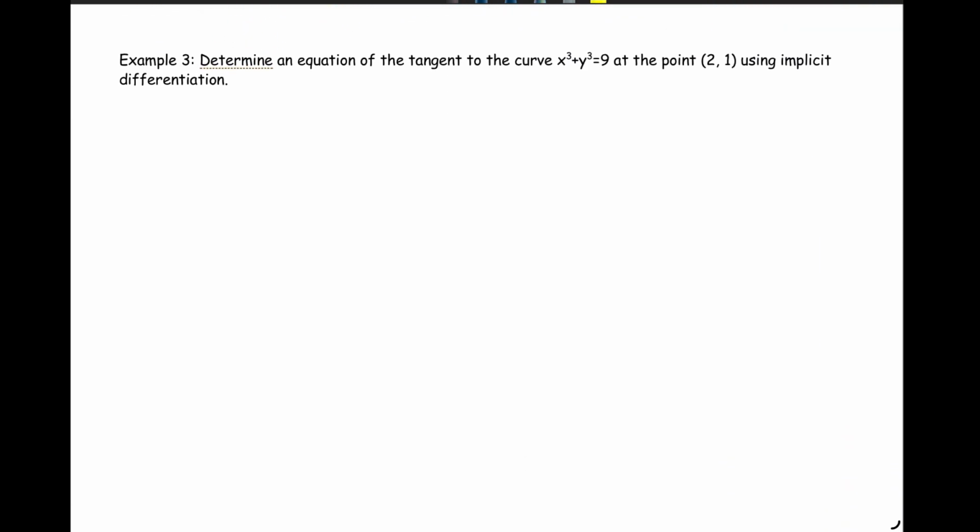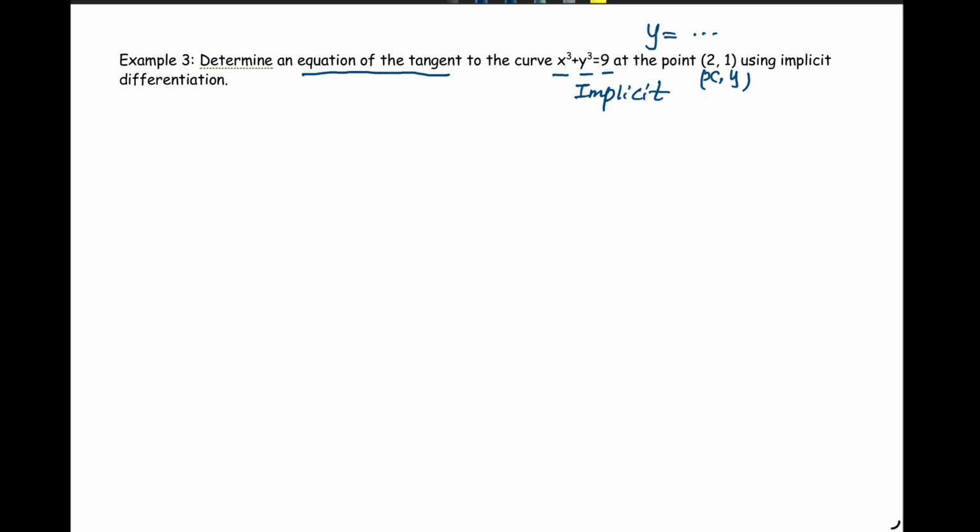Example 3 asks you to determine the equation of the tangent to the curve x cubed plus y cubed equals 9. And you will see this is not y equals something. So we call this an implicit function. At a point, this is the x value, this is the y value, given for you already.